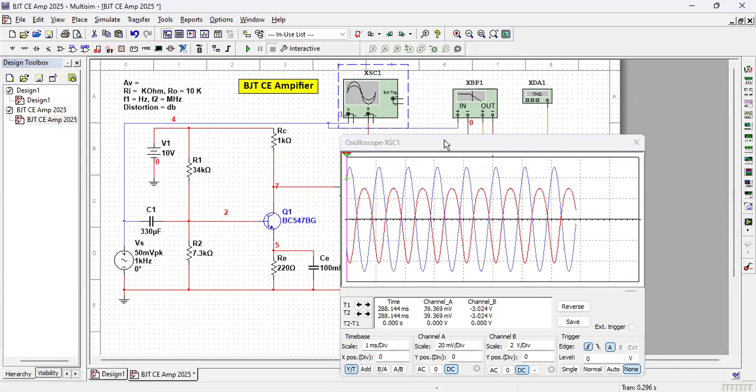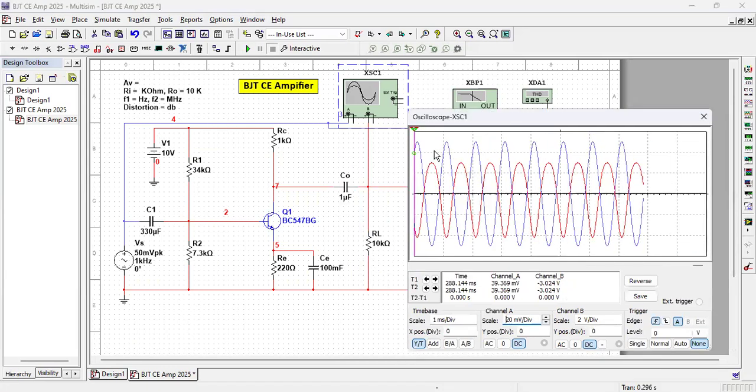Here, the input is this blue line and the output is this red line. And of course, the blue line and red line Y scales are different. I have made the scale in such a way that both are large enough to have a view.